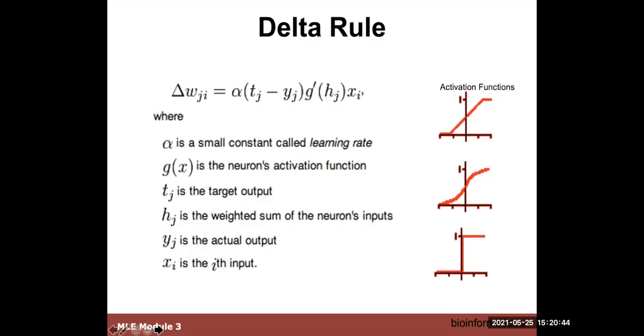And so all of these things, from the learning rate, the difference, the neuron's activation function, and the weight of the input are used to calculate how you're going to change your weights. So there's a mathematical structure to the weight calculation, but it's able to change the weights so that the perceptron gets closer and closer to the correct answer.